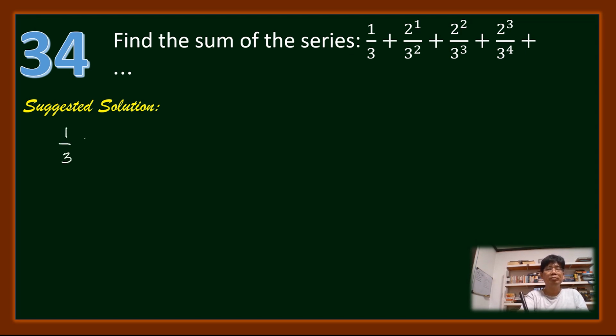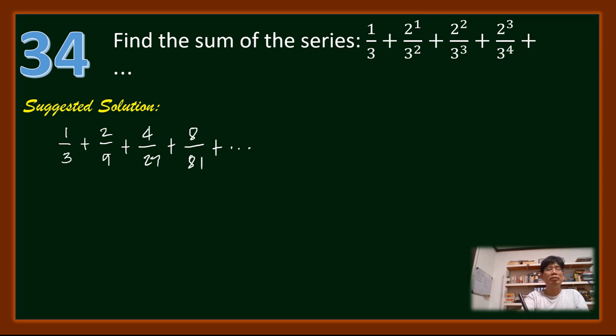So we have 1/3 plus 2 over 9 plus 4 over 27 plus 8 over 81 plus, and the pattern continues.